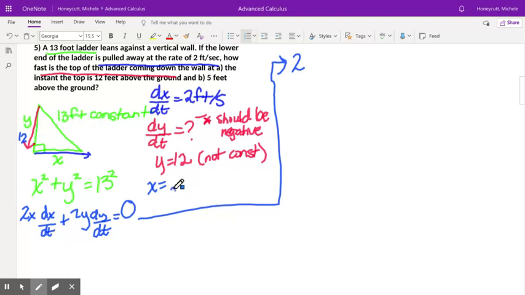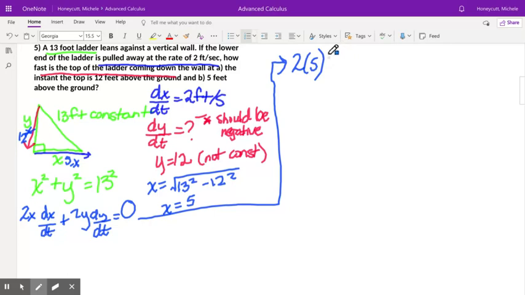So x would be the square root of 13 squared minus 12 squared, which would be the square root of 25, and the square root of 25 is 5. So this would be 5. But again, the 5 is going to change, and 12 is going to change because the ladder is sliding, so these distances are changing. All right, so substitute in 5 for x.